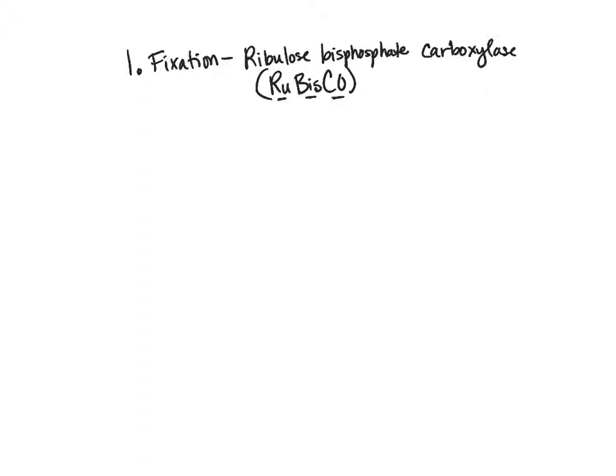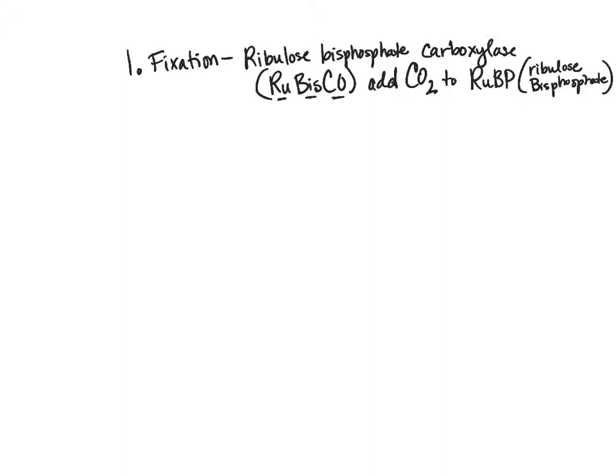Rubisco adds carbon dioxide to RuBP, and remember that RuBP stands for ribulose bisphosphate. The enzyme Rubisco takes carbon dioxide from the environment and catalyzes its addition to this RuBP.